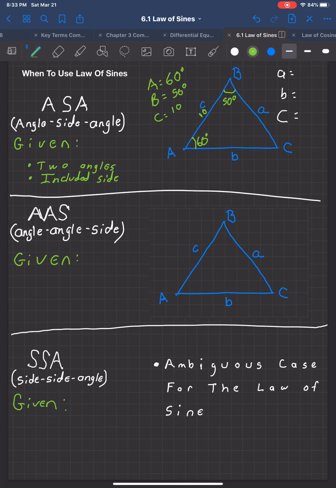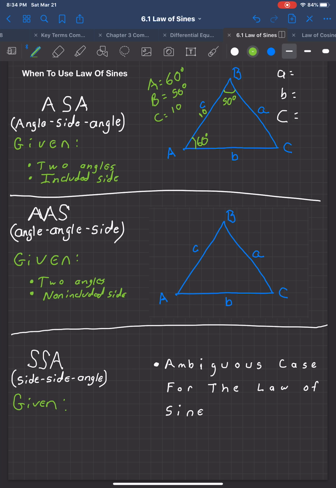But another scenario when you would need to use the law of sines would be if you have an angle angle side, right? And in this case, what are you given? Well, you're still given two angles. But this time you're given a non-included side. Okay, so let's just make up something.